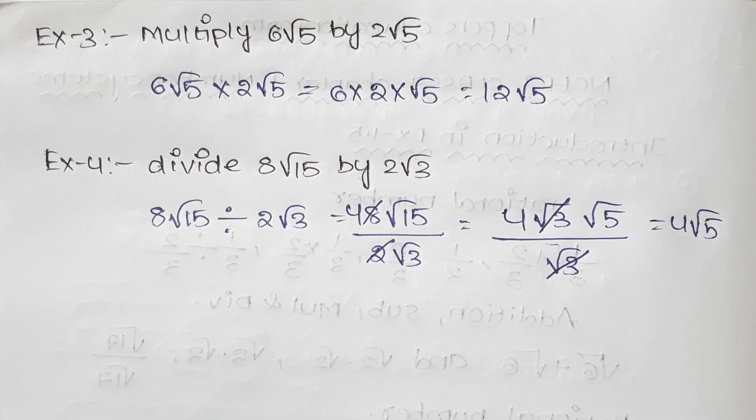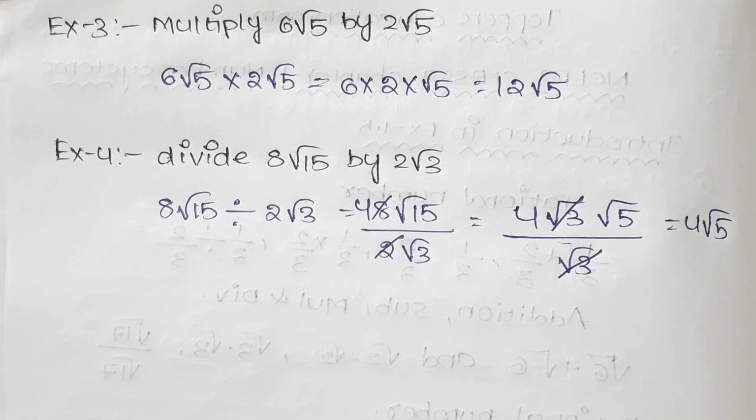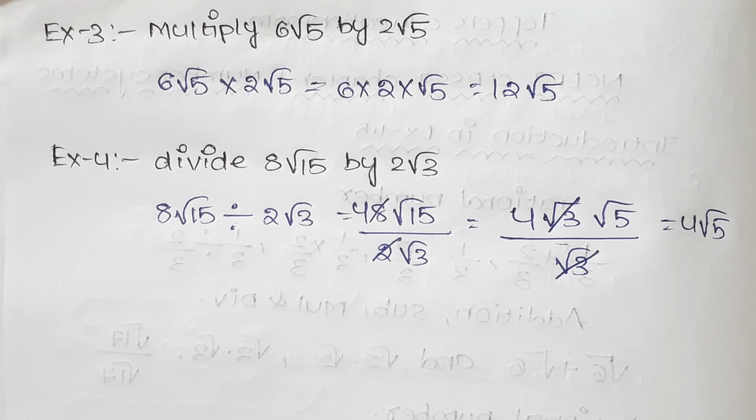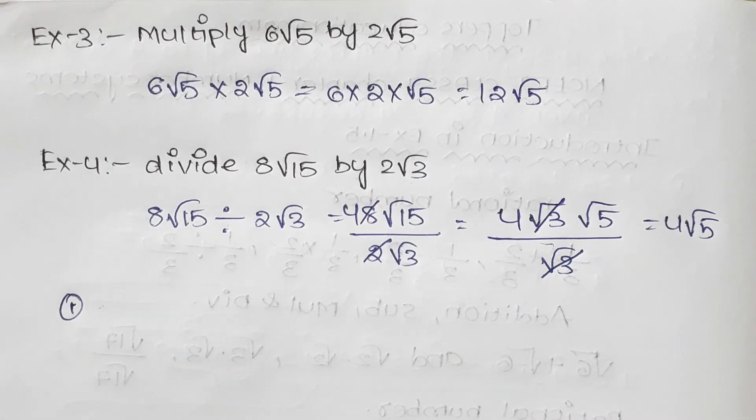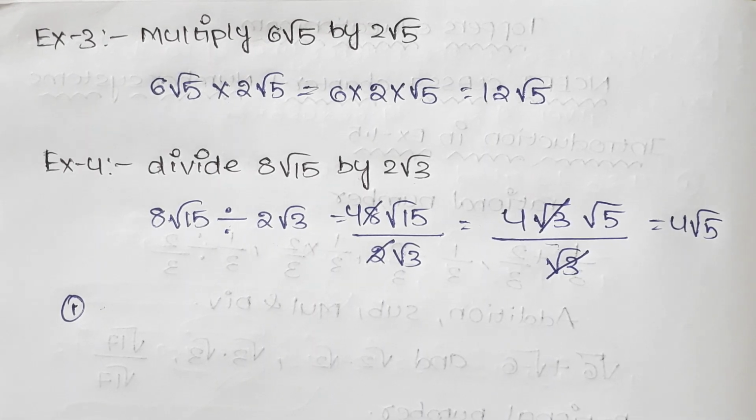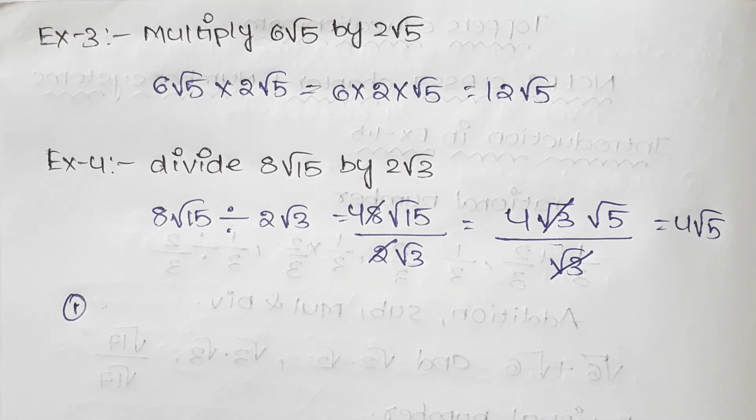And this is the sum of the example, and from this example you can expect some of the following facts. Some of the facts are: first one, the sum or difference of a rational number and an irrational number is irrational.